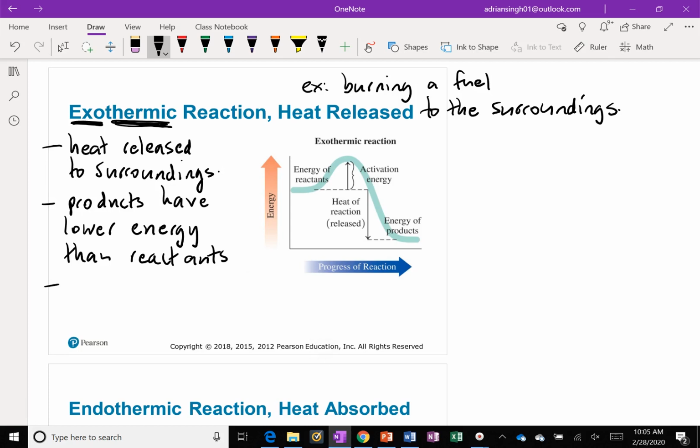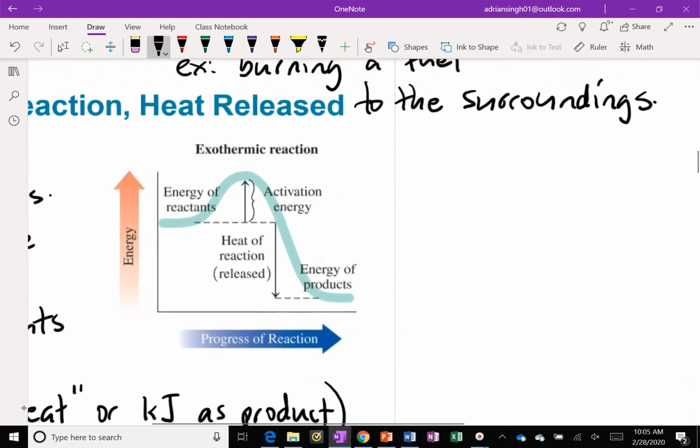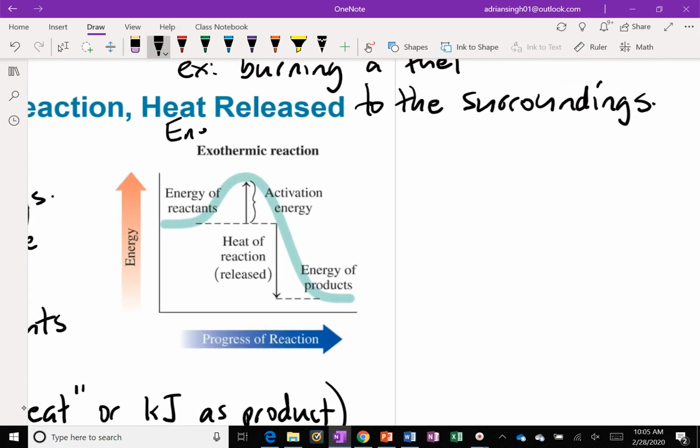What this also means is that you can think of heat as a product. It's being produced. And oftentimes you'll see the word heat being written on the product side of the reaction, or sometimes you'll see a unit of heat like kilojoules as a product.